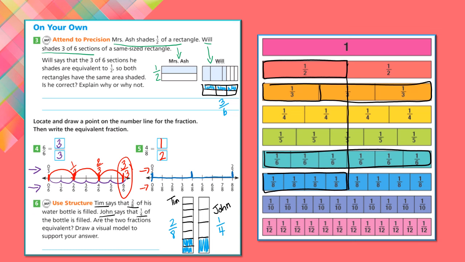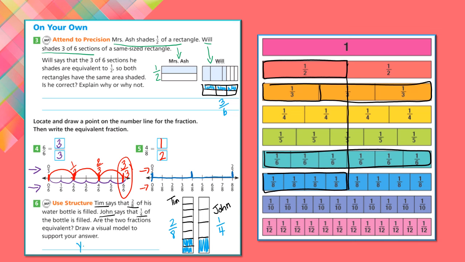Okay, so are the two fractions equivalent? Yes, they are. And why? Yes, they are because they have the same size part filled with water. Good, they have the same amount of water in it. The parts aren't the same size, but when you compare the two parts out of 8 and 1 part out of 4, you have the same amount.